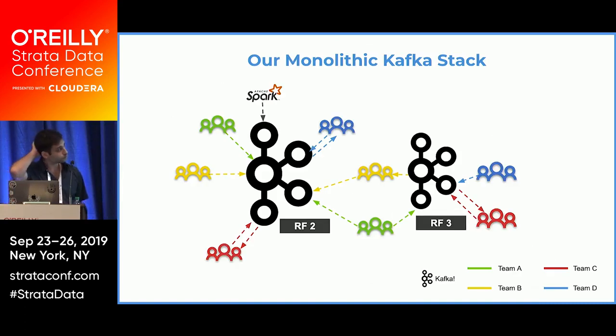All right. So this is how we started. Meet our monolithic Kafka clusters. When AppsFlyer started around 8 years ago, we started with several Kafka clusters of replication factor 2 and replication factor 3. If the data was important, it's set on replication factor 3.